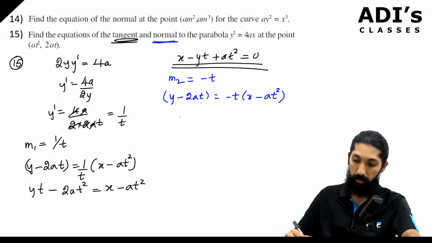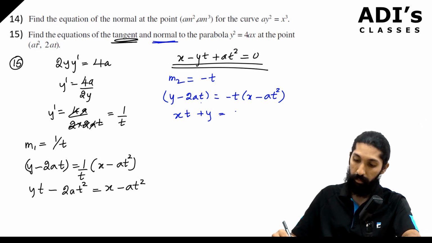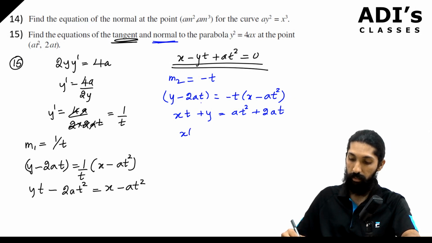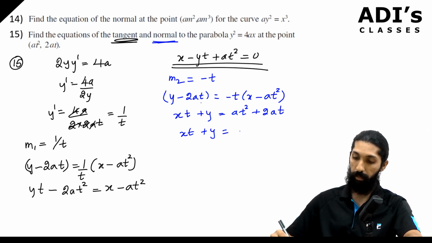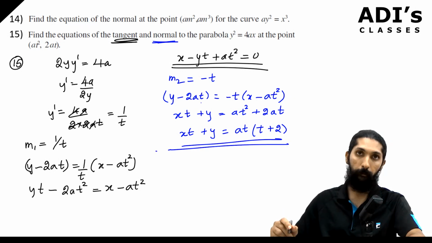Or you can write this as xt plus y, you can take it on the other side, is equal to at square plus 2at. Or you can write this as xt plus y is equal to, you can take at as common, so at into t plus 2. This you can write as the equation of normal.